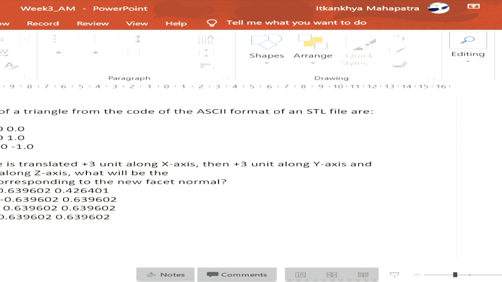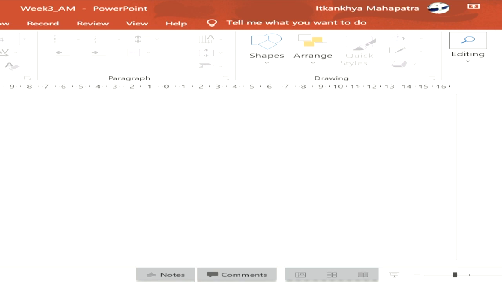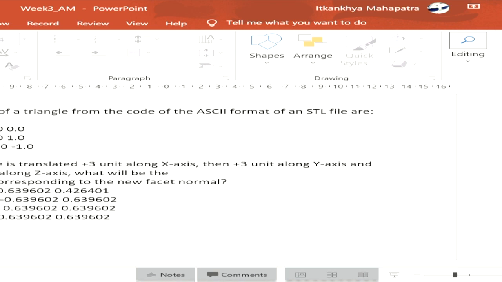Many people had doubts regarding this question last class, so that is why I have taken this question again and we'll solve it. Now we will take these vertices and start solving the question.